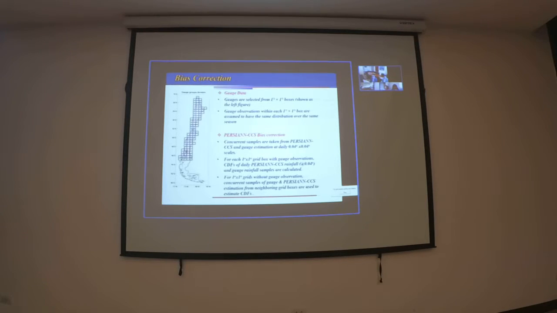For those 1 degree by 1 degree boxes without a gauge inside, we have to use the gauges from the neighborhood boxes to support the estimation of the so-called cumulative distribution function for that particular box, which I will tell you more about.